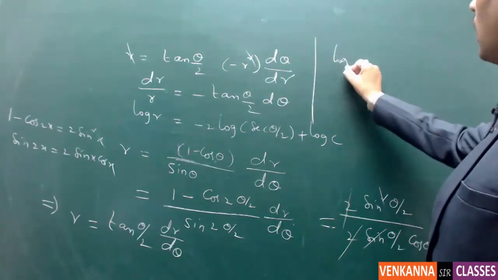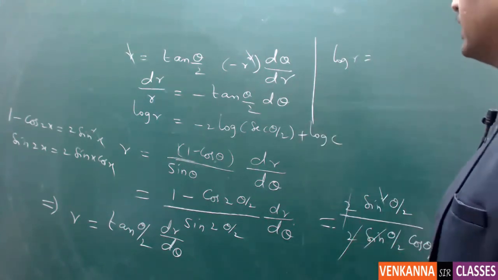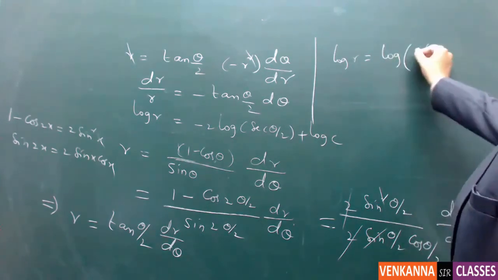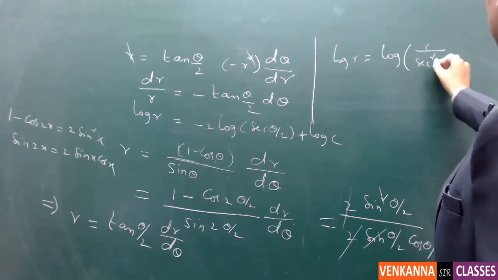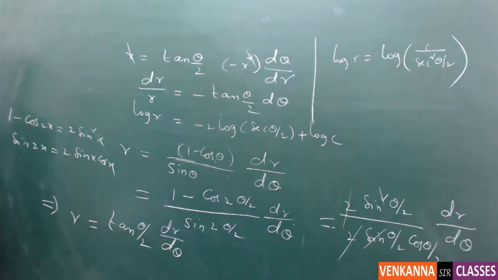So we have log r equal to log of c by sec square theta by 2. There you can go for further simplification, cancelling the logarithm on both sides. However, if we have done up to that, the answer is valid and marks will be awarded. Okay.